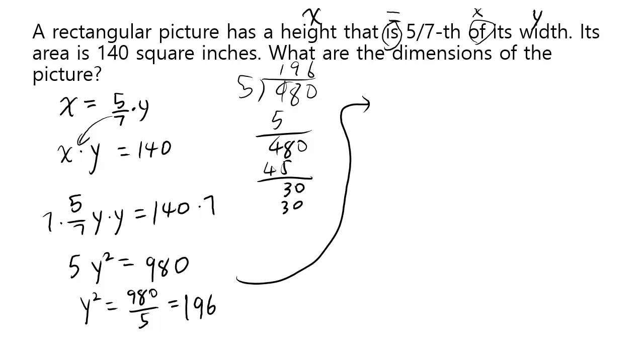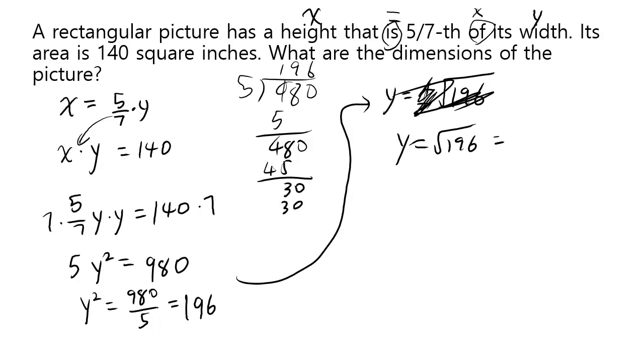Okay, that means y is plus or minus the square root of 196, except that y is a width, so you don't need the plus or minus, you just need the positive. So let me write y equals the square root of 196. And you have to simplify the square root as much as possible by figuring out any square factors. I know that if the last 2 digits are divisible by 4, then the entire number is divisible by 4.